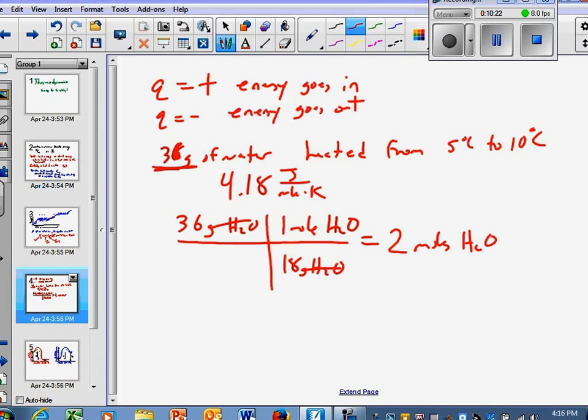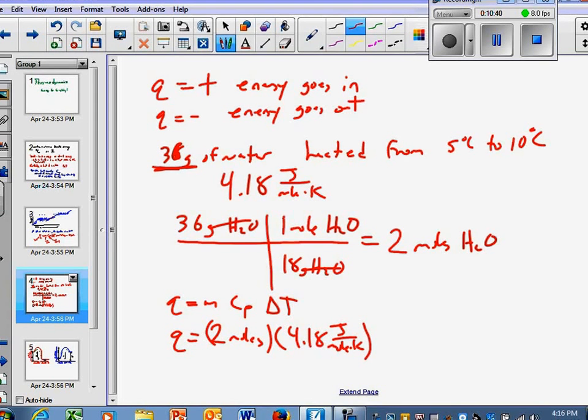Okay, so I plug it into my heat equation. Q equals mCp delta T. Heat is equal to the moles in this case, 2 moles times my heat capacity, 4.18 joule per mole Kelvin, times my temperature change. Temperature change is final minus initial.